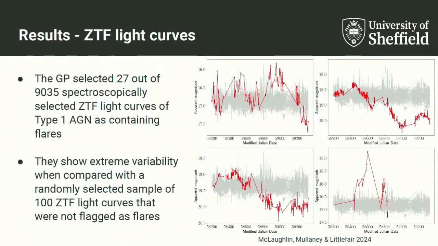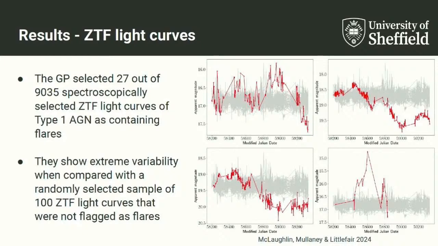Okay, so the final step is to run the Gaussian process on real data and see what happens. So this is the unaltered set of the type 1 ZTF light curves. And the Gaussian process selects 27 of these out of 9,035 containing extreme variability or flares.